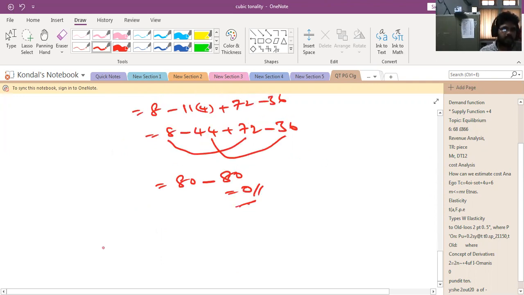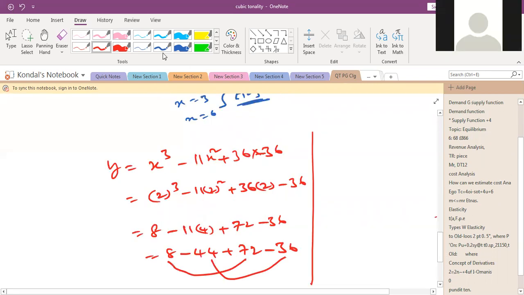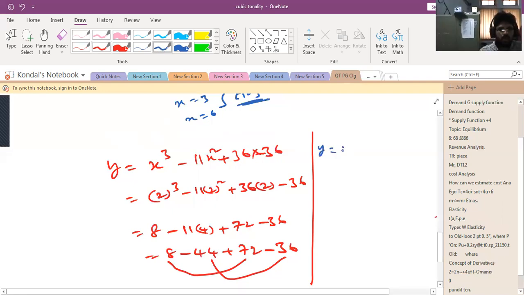Now, if you consider the same one, what is the other x value? 3. So y is equal, if you consider x is equal to 3, I'm putting here 3 power 3 minus 11 into 3 square plus 36 into 3 minus 36.